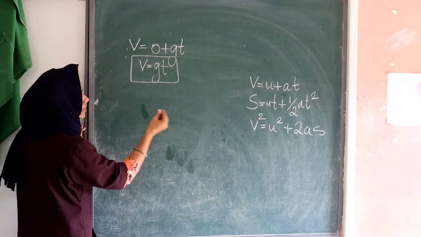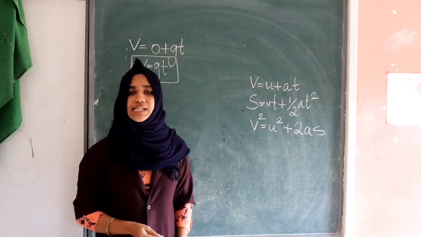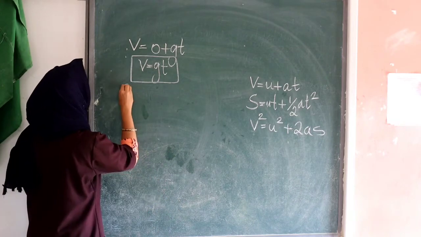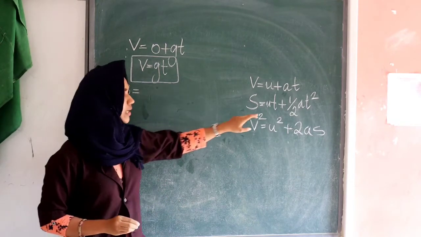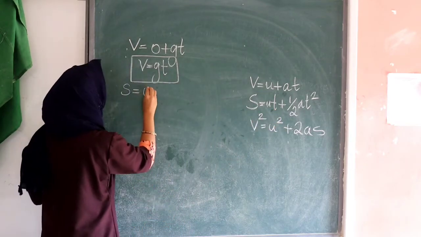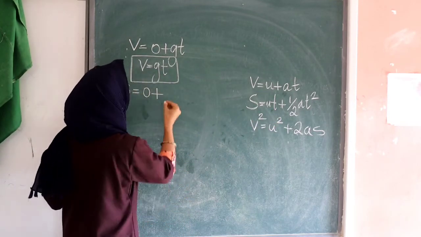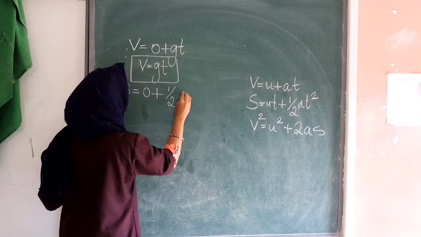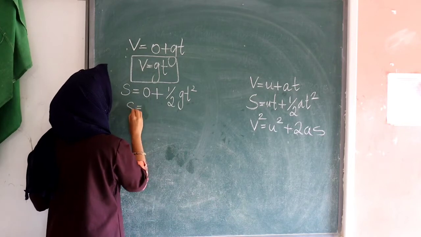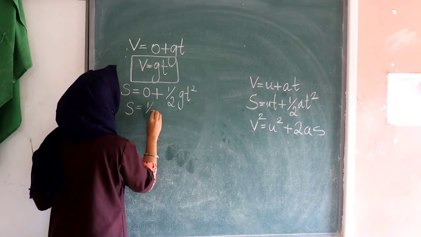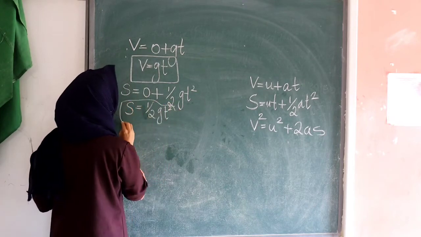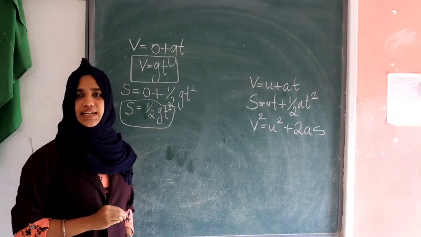Then the second one, S equal to UT plus half AT square. Here UT is 0 into T, so it becomes 0 plus half AT square. Instead of A we take G. So this equation becomes S equal to half GT square. Is it clear?